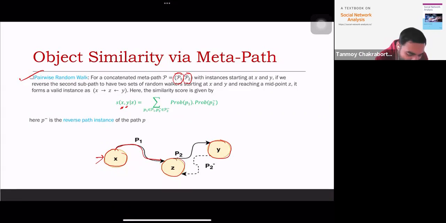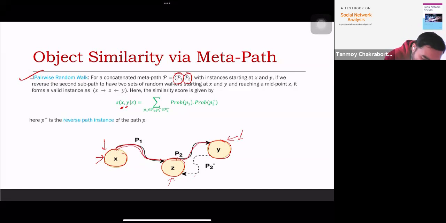So another random walker starting from Y follows certain metapaths and reaches Z. So basically the idea is, what is the probability that a pair of random walkers starting from X and Y follow a particular metapath P1, P2 and meet each other?